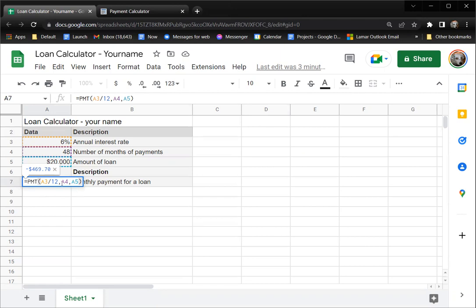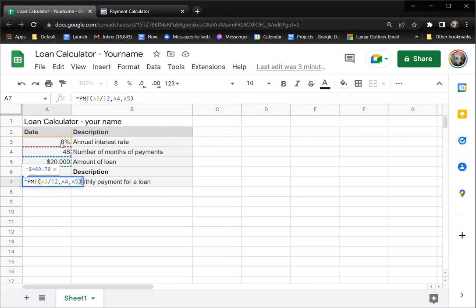Most of the time when you get a loan, the bank or the car dealership will say there's an interest rate that you pay per year. In other words, you're going to pay, in this case, 6% of the loan each year. To get this all to work properly with the payment function, we have to take the annual interest rate and divide it by 12, because each month you are not actually paying 6%.